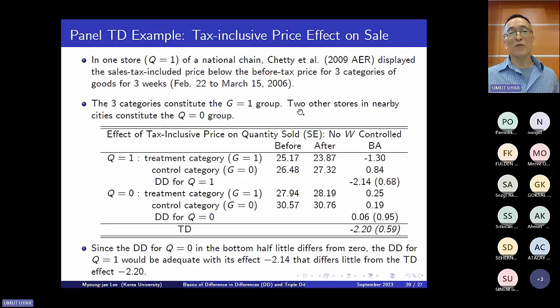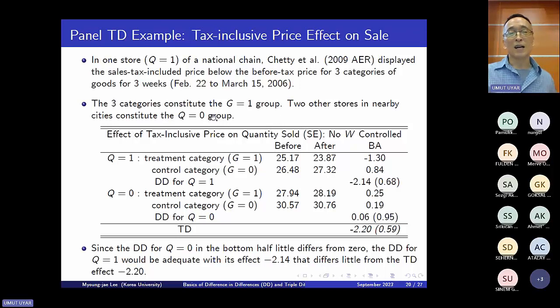In their experiment, one store, I guess it's a big supermarket in a national chain in one city, that's Q1. Q0, there are two other same stores in nearby cities.